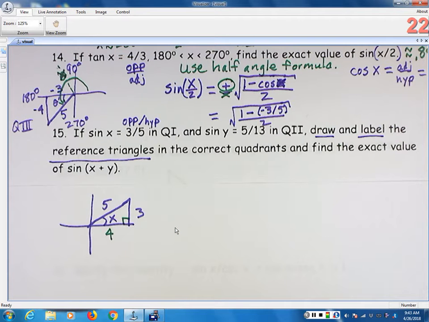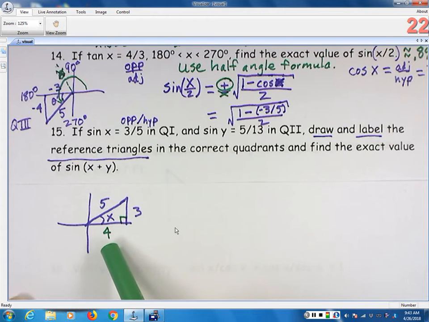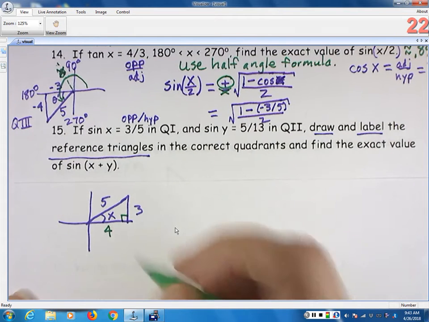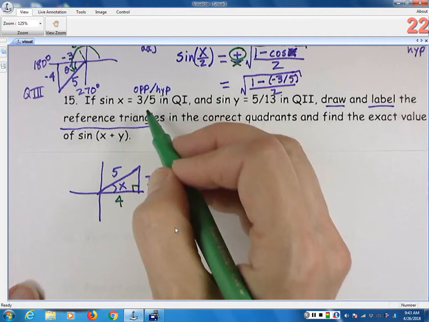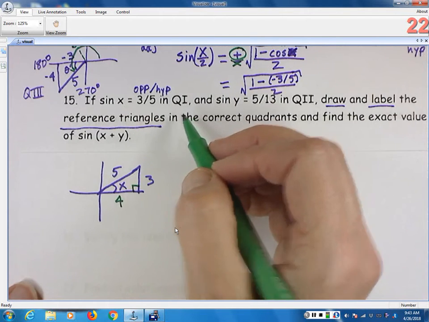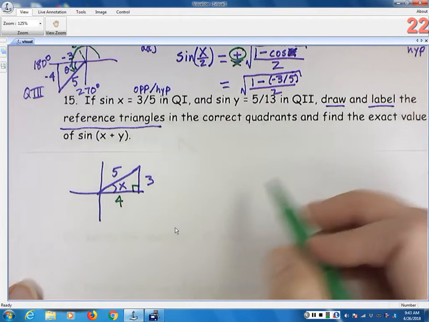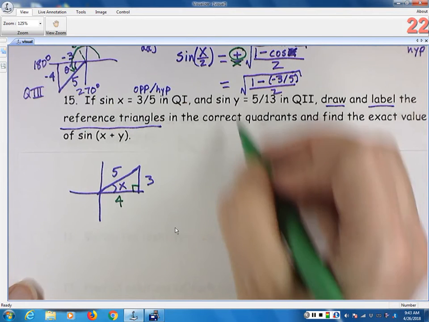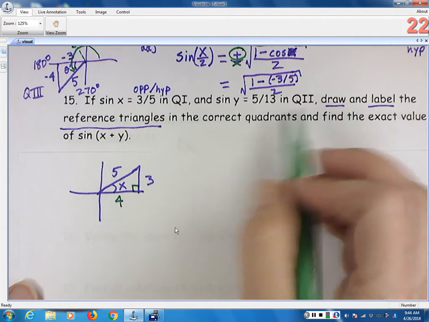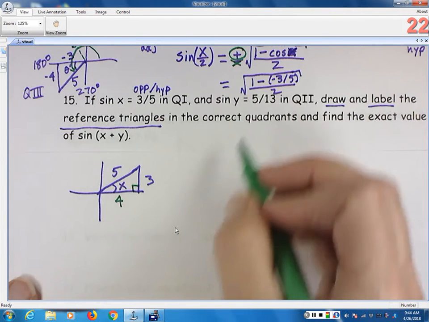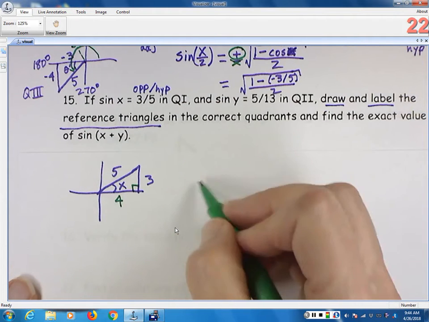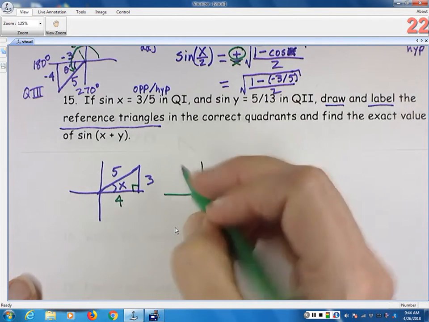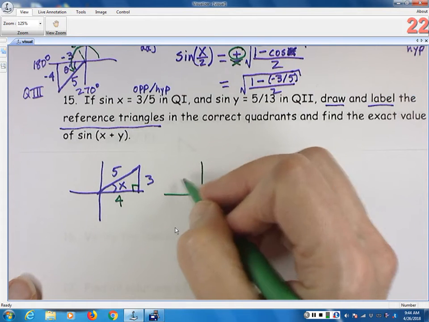But that's a 3, 4, 5 triangle. You don't have to show your work if it's a 3, 4, 5 triangle. So if sine x equals 3/5 in quadrant 1, so that's a picture, and sine y in quadrant 2 is 5 over 13. So on the key, it's 5.